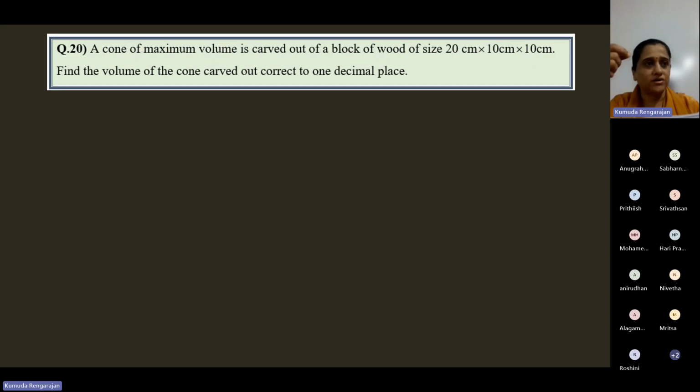Apex is that fine dot, and the base of the cone is a circle. If the tip of the cone is here, then the base is on the opposite face, here. If the apex is here, the base will be here.